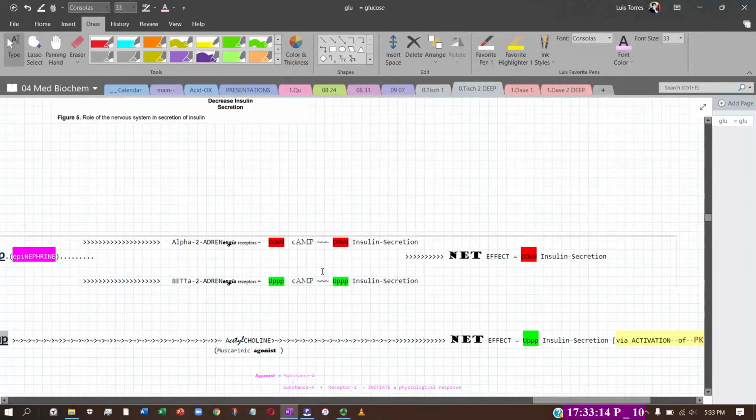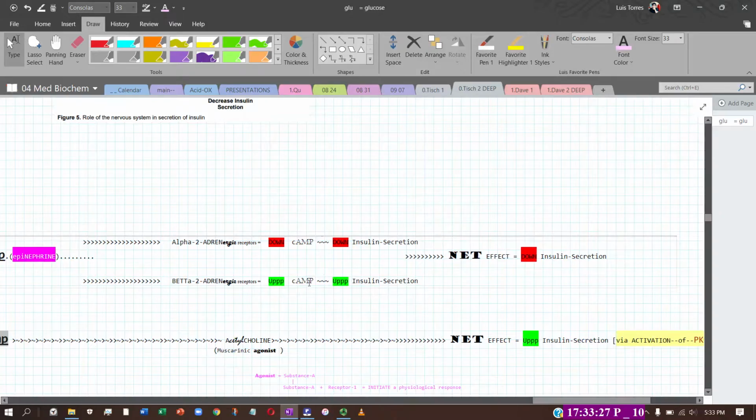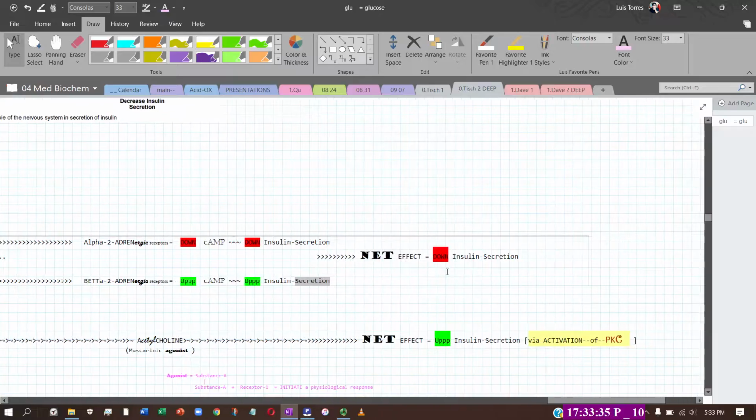So cAMP goes down, which also means that insulin secretion goes down. And in the case of the beta 2 adrenergic receptors, cAMP goes up, so also insulin secretion goes up. However, for some reason, I'll look this up in the notes in due time, the net effect is that insulin secretion goes down in general.